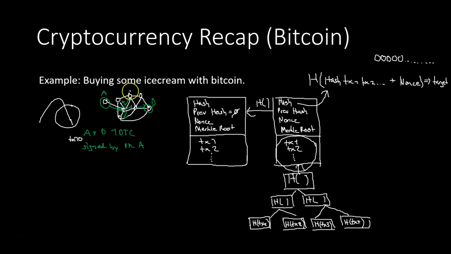So then let's say John found a solution, and then John gets to append a new block, and it will have the same kind of ingredients here in the block header. So he will publish that hash he generated with the 5 zeros.